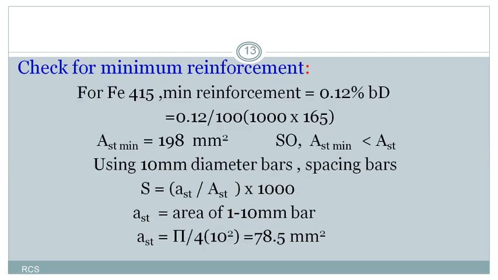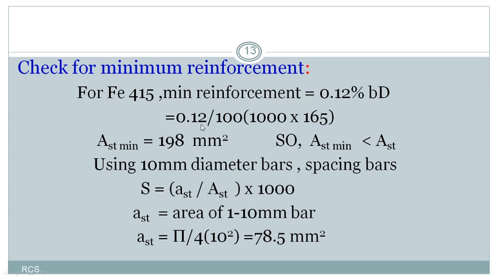So after calculating the area of steel, we have to check whether we are satisfying the criteria called minimum reinforcement. According to IS 456-2000, if you are using Fe415 steel, the minimum reinforcement should be equal to 0.12% of the gross cross-sectional area.